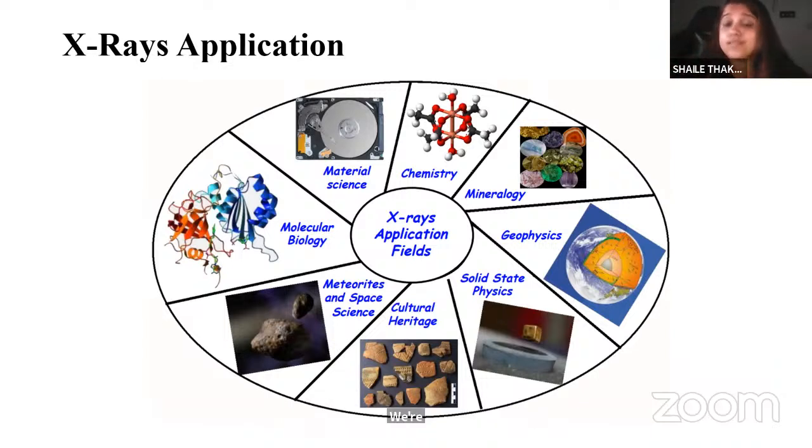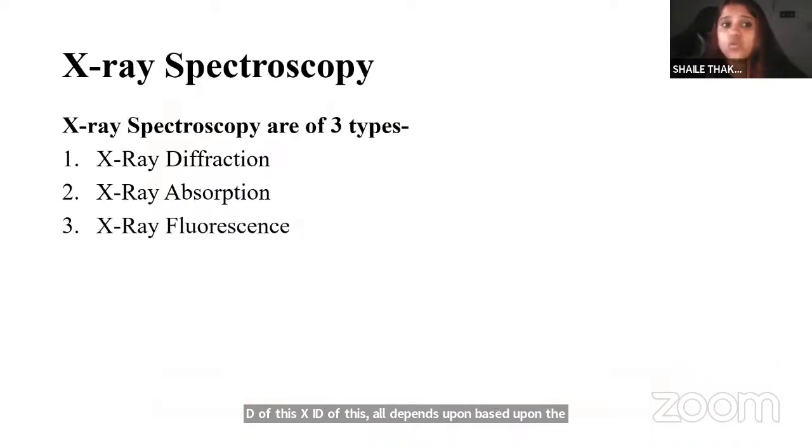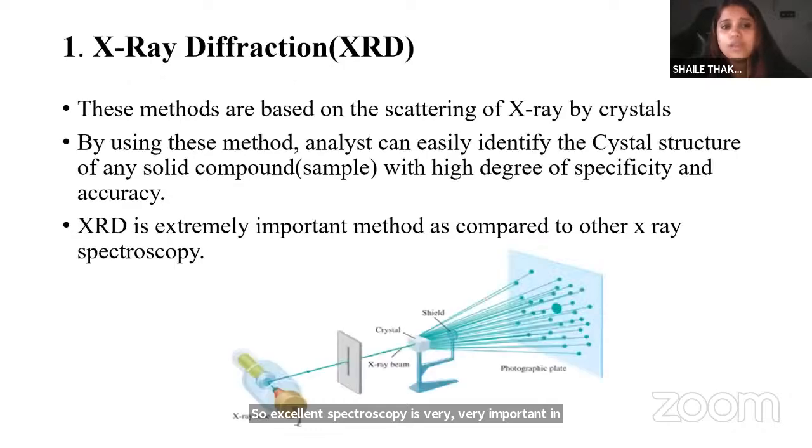In forensic science, sir, we must have encountered many times XRD of GSR, XRD of this, XRD of that. All of it is based on the X-ray principle only. In every XRD, we are using X-ray only, right? So X-ray spectroscopy is very important, in which we have to discuss these three important types of spectroscopy.